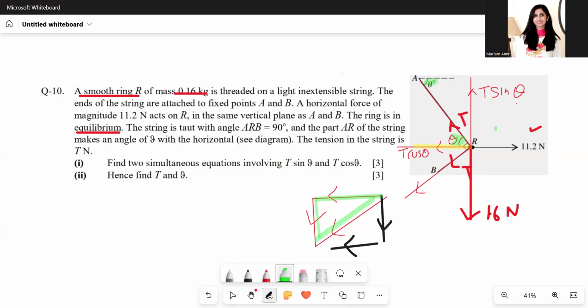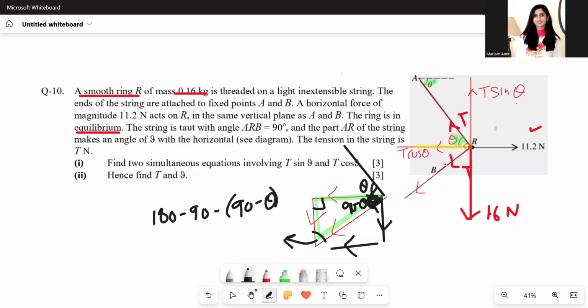Now what I need to do is somehow map this angle theta onto this lower triangle. How do we do that? We know that this angle here is theta and the total angle here is 90, making this 90 minus theta. The horizontal and vertical components meet at 90. Then this would equal 180 minus 90 minus (90 minus theta), which is just theta.